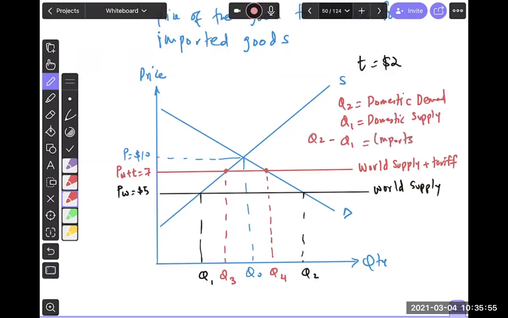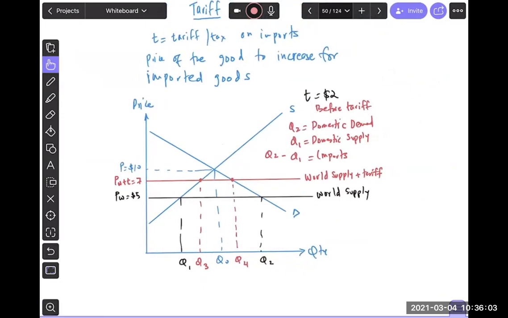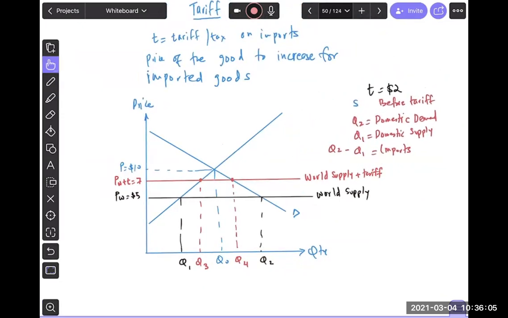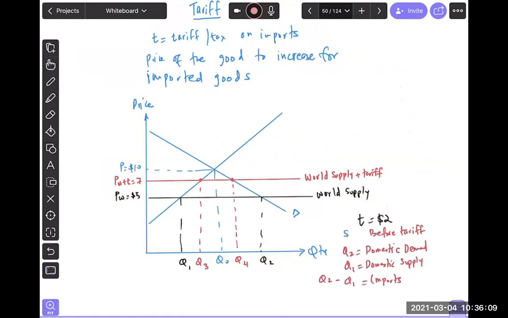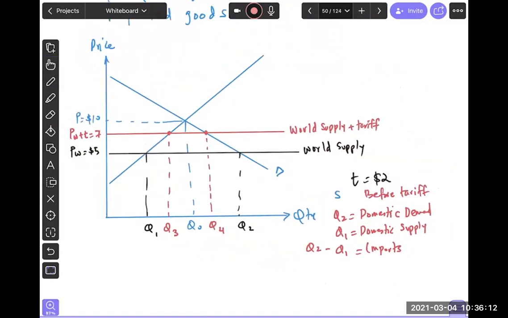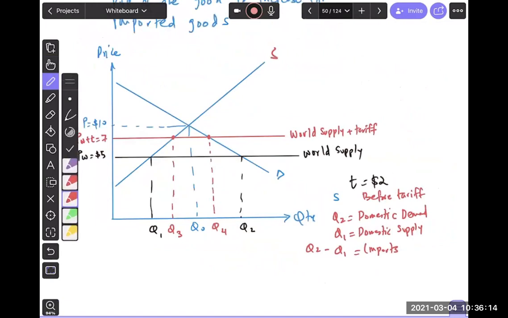This was before tariff. You all agree with me? Let me move this a little bit to that side. So before tariff, your domestic demand is Q2, domestic supply is Q1, and Q2 minus Q1 is the level of imports.